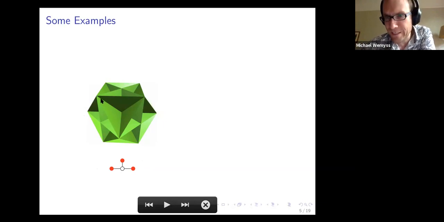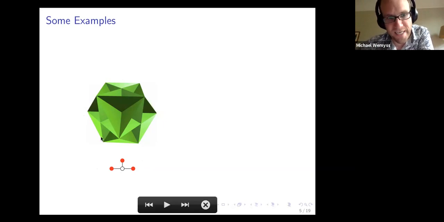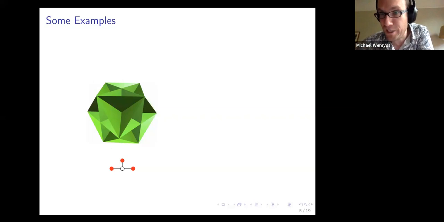And so there's some features of this picture I just want to talk you through. So this is a hyperplane arrangement. So the green things are the hyperplanes. And they somehow slice this object into things called chambers. And the chambers are just the bits in between the hyperplanes.